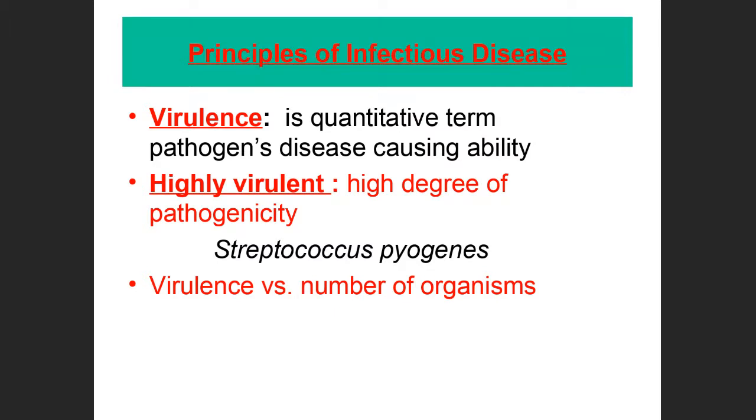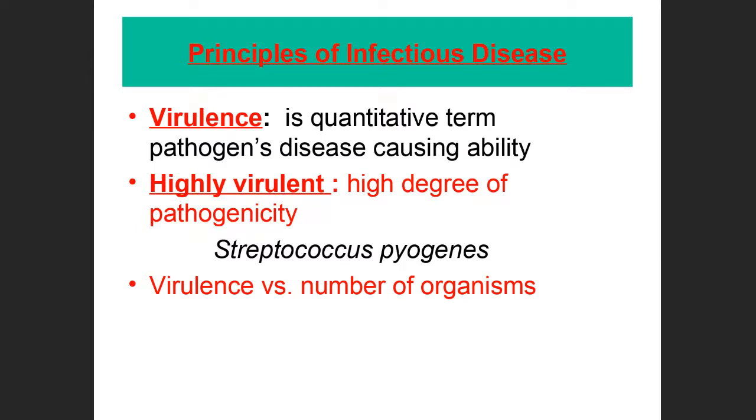A degree of pathogenicity is called virulence. So the more virulent an organism, the more pathogenic it is, the more able it is to cause disease. So highly virulent organisms means a high degree of pathogenicity. When we go into gram-positive pathogens, we will talk about Streptococcus pyogenes. Go back to normal flora.